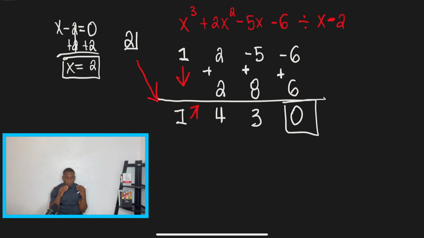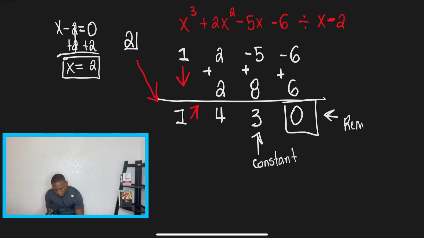Exactly. Based on that first problem, we know that 3 is going to be our constant term. This is another way to remember. 0 serves as our remainder, and then it goes in order. We have our constant term, our x to the first power, x to the second power.